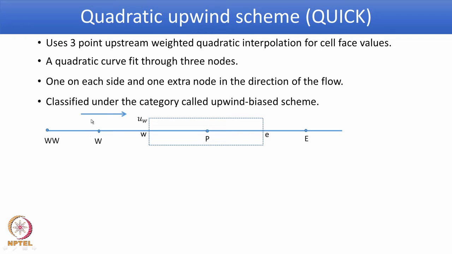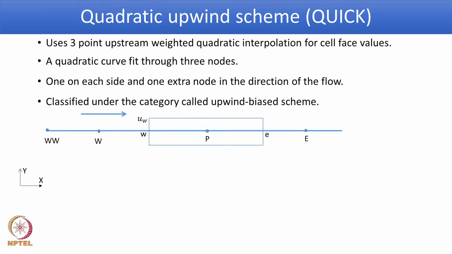For this illustration, the flow is considered from left to right, and you are interested to find out the value of the variable on this west face, which is marked here as UW.